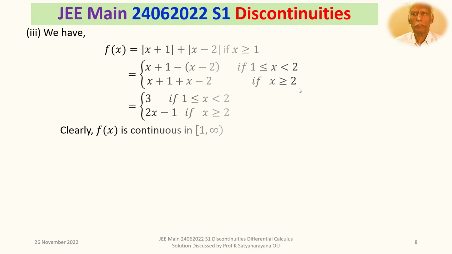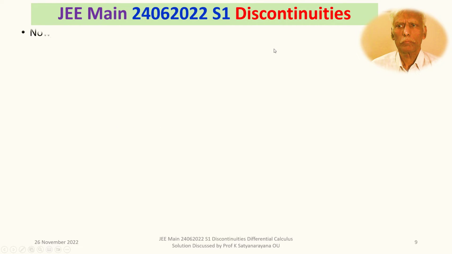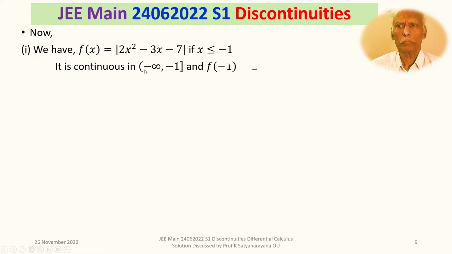So clearly f of x is continuous in the interval 1 to infinity, closed at one end. Agreed. We now consolidate our situation. So we have mod of 2x square minus 3x minus 7 if x less than or equal to minus 1. We have already seen it is continuous in the interval minus infinity to minus 1, closed at the minus 1 end, and we have seen the value f of minus 1 is 2.